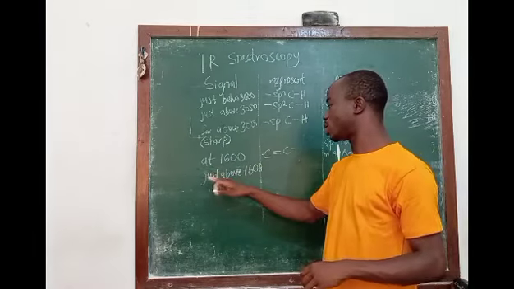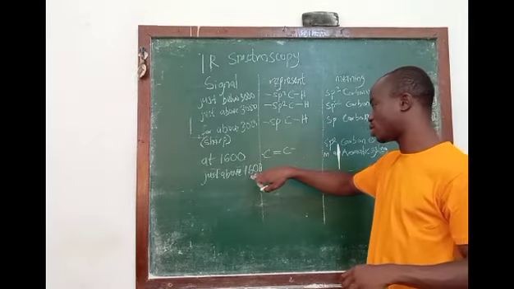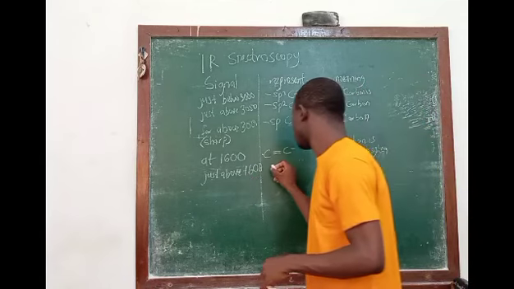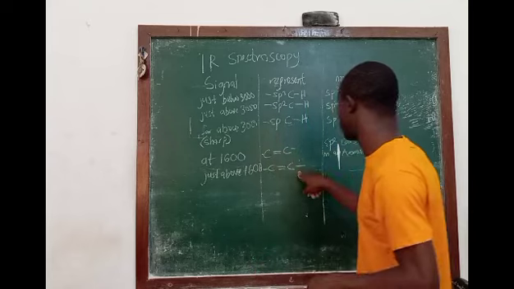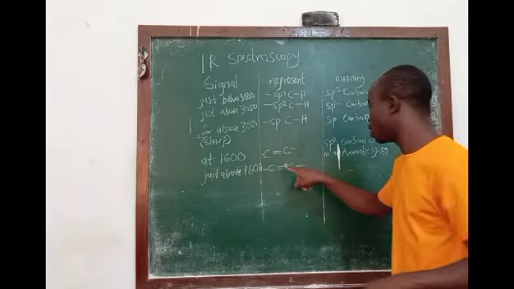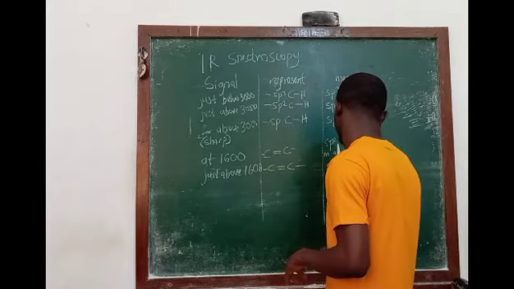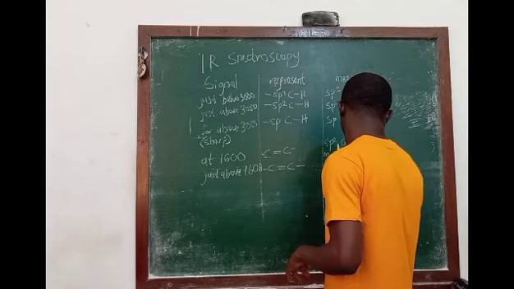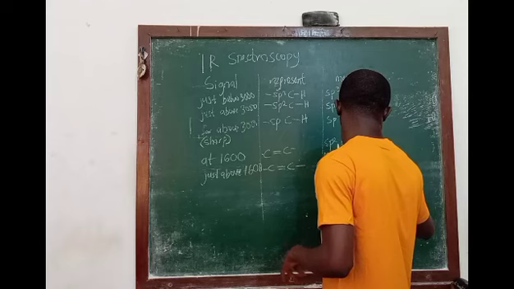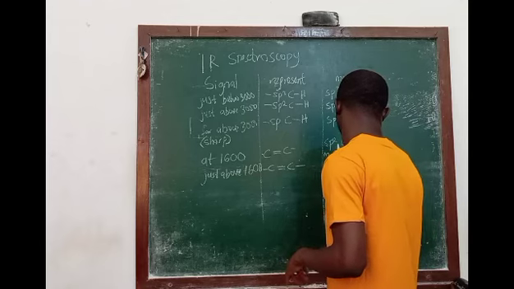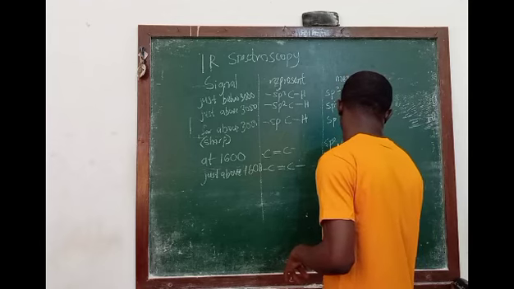So if you see a signal just above 1600, that also represents your C=C stretching vibration. But in this case, it will be an sp2 carbon in an alkene.